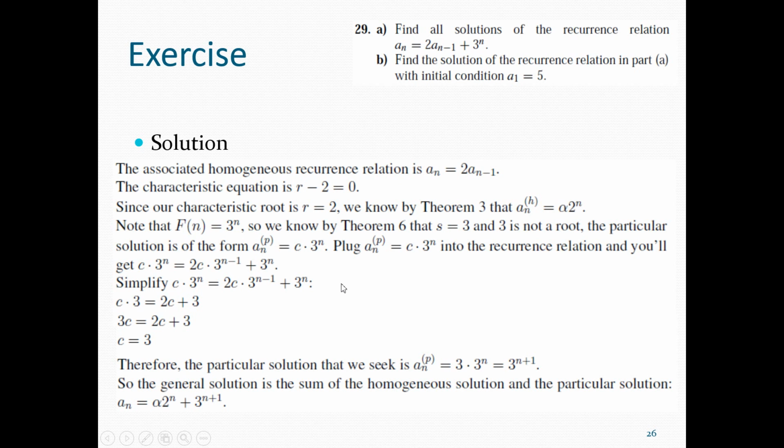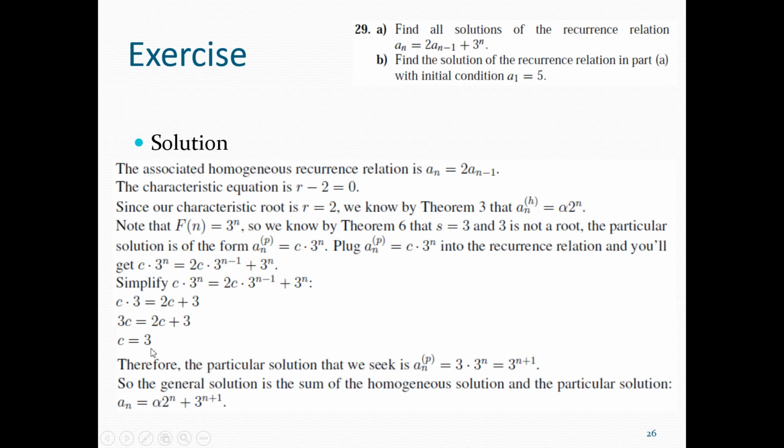Now, in order to find a_n^(p), we assume that c times 3^n is a_n^(p), because our f(n) is 3^n, so we assume the same type of solution, that is c times 3^n. Then, with the same procedure, we plug a_n^(p) into this equation in order to find the value of c.